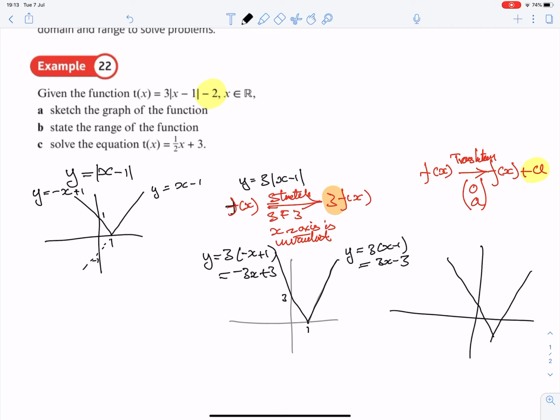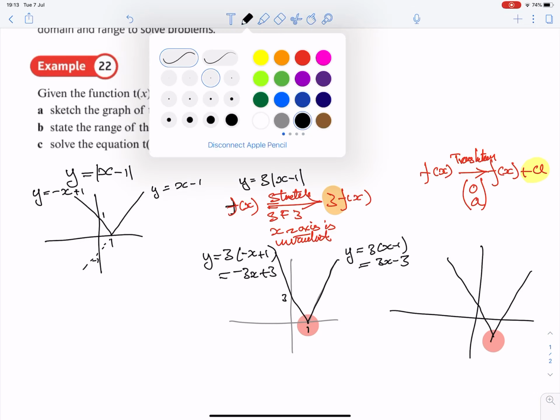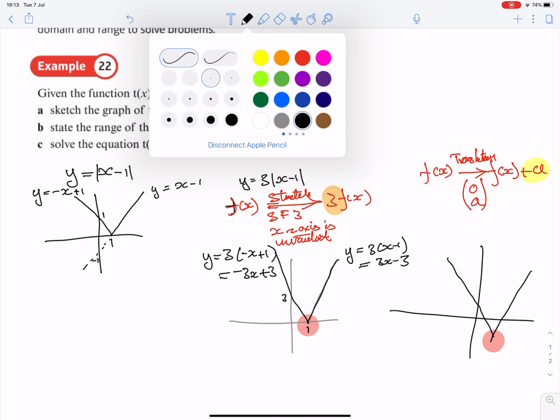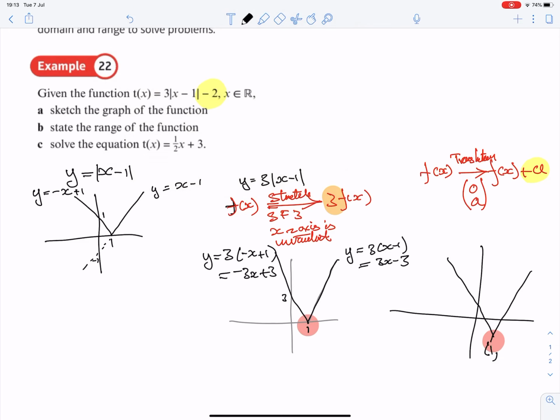If I need to, I can move it around afterwards. So if that point was 1, 0, it's been moved down 2. So that's going to be at 1, negative 2.